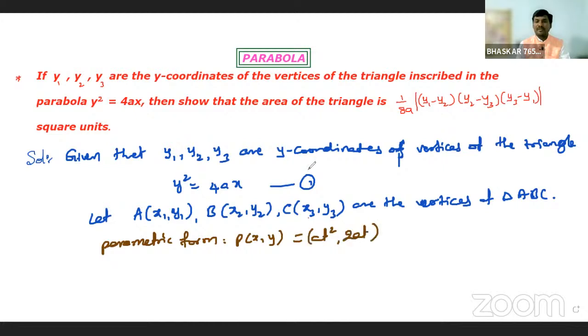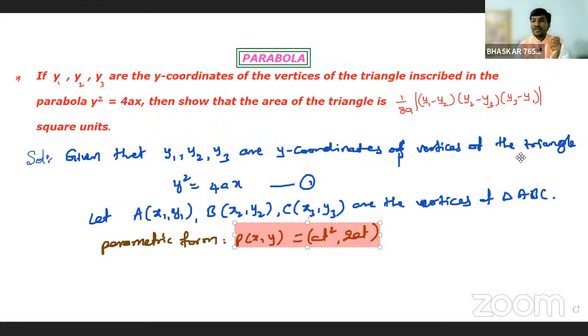This is the parametric formula for the parabola. What is the formula? (a t square, 2at). Repeat the formula.